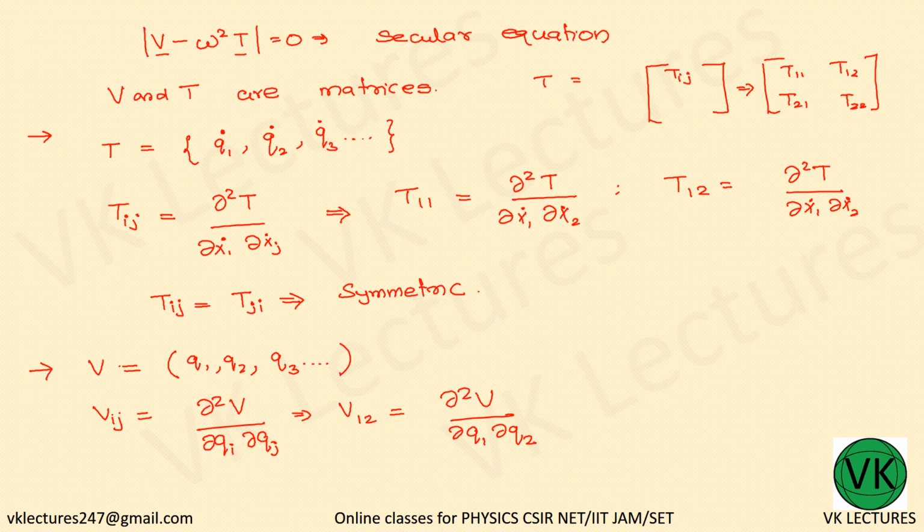Similarly, T11 is dou square T by dou x1 dot square. And if you want V11, that's equal to dou square V by dou q1 square.